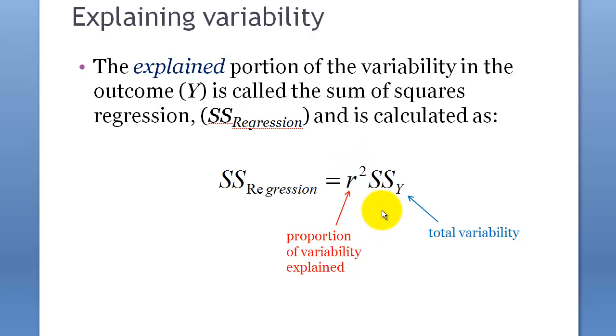So it's logical. The portion that's explained by the model is sum of squares y times R square. Of course, that's what it's going to be. That's the explained variability, in other words, sum of squares regression.